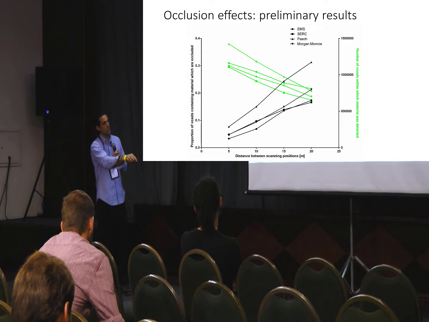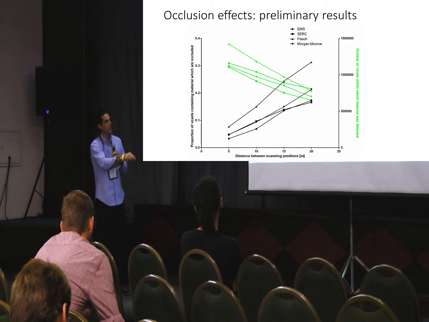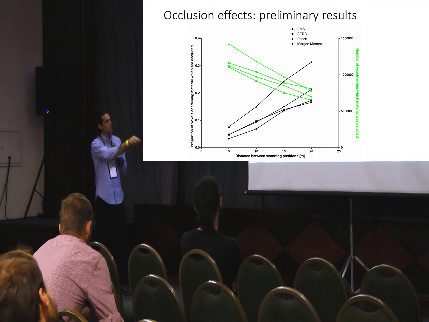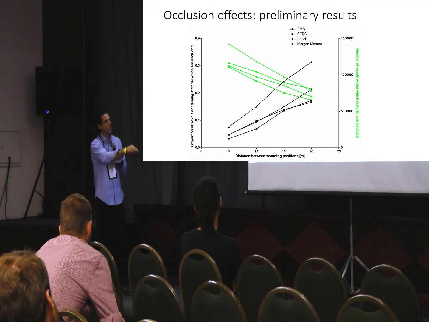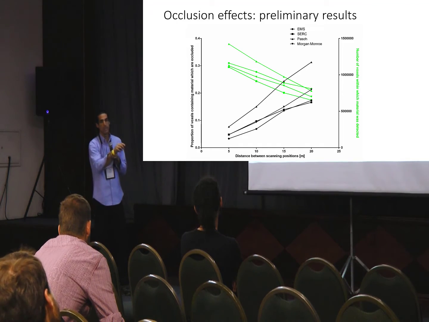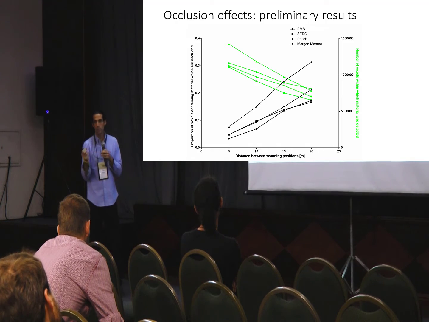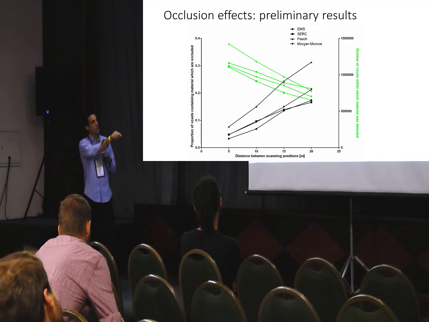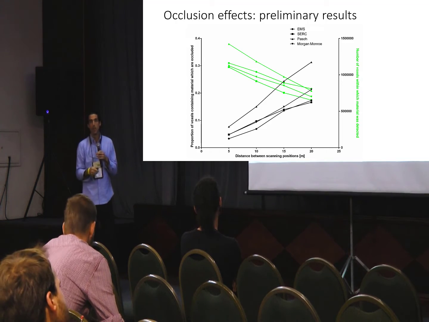So here we're at 20 meters between scanning points, and here we're at 5 meters. On the black here is the proportion of occluded voxels, and it's going down with the scanning density. But that's not the only thing that's happening. In green here is the number of voxels where I detected material, and this keeps going up with the scanning density.